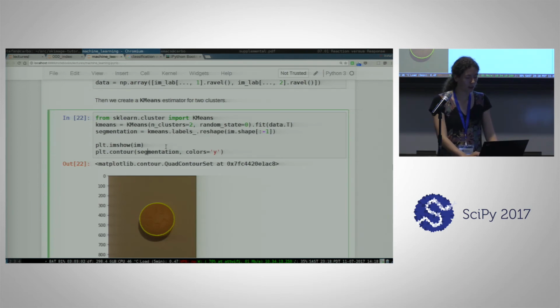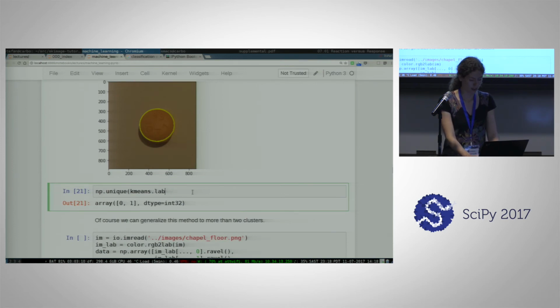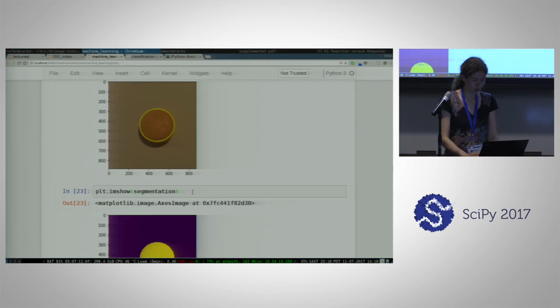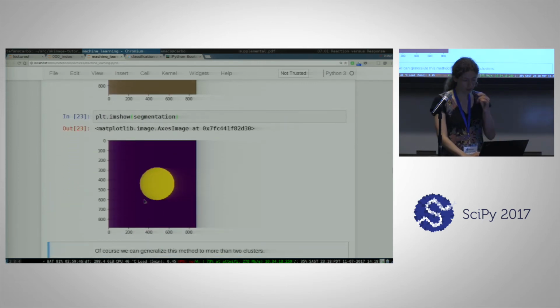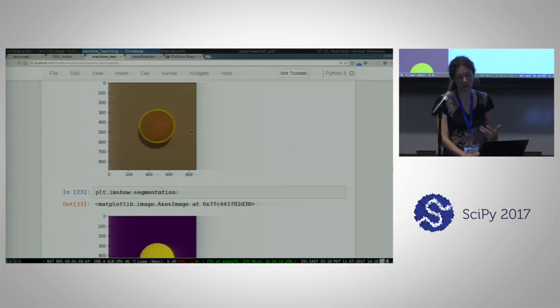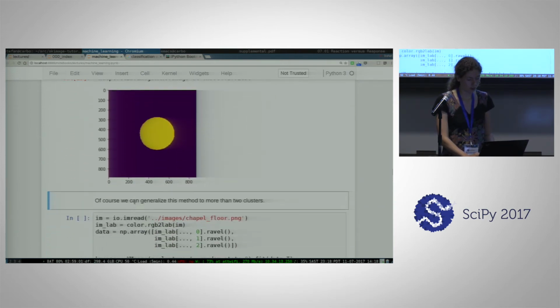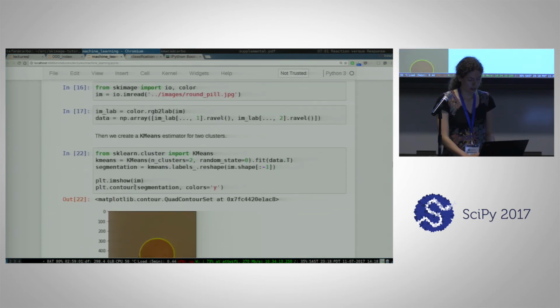Because my segmentation has two values, 0 and 1, it plots the contour, the edge, which is here. So here you can see that k-means clustering works really well for this RGB image.